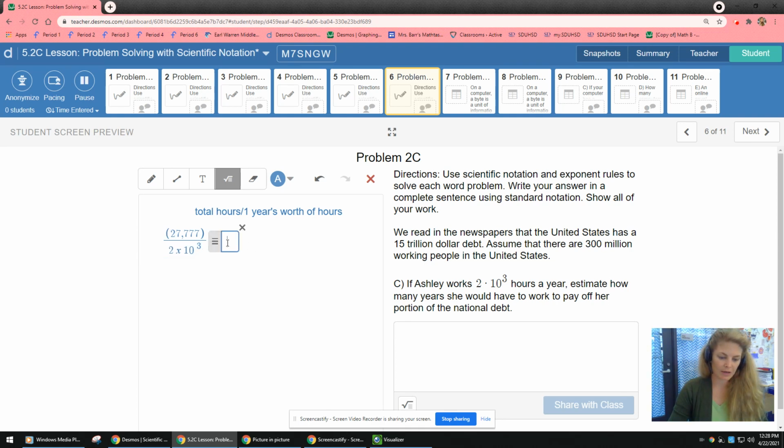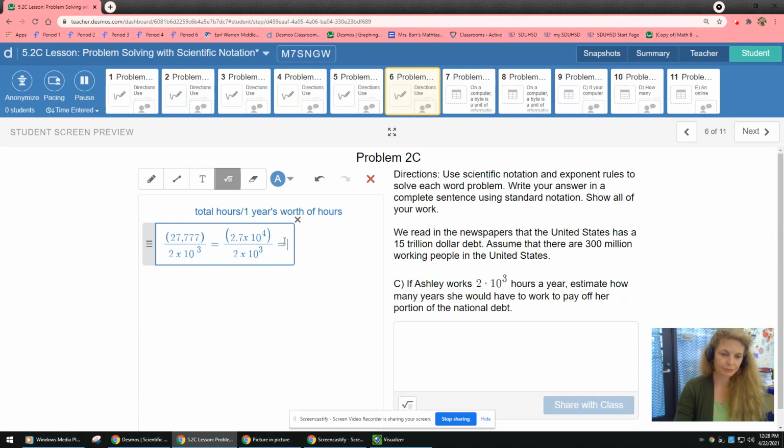And of course, we're going to rewrite this into scientific notation. So 2.7 times 10 to the, move the decimal over 1, 2, 3, 4, 10 to the fourth power, divided by 2 times 10 to the third power.